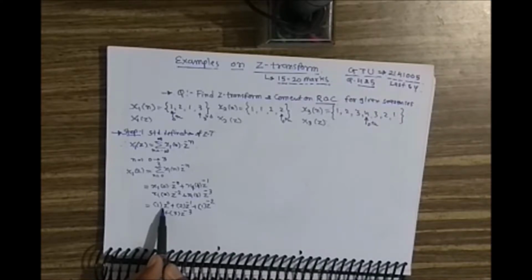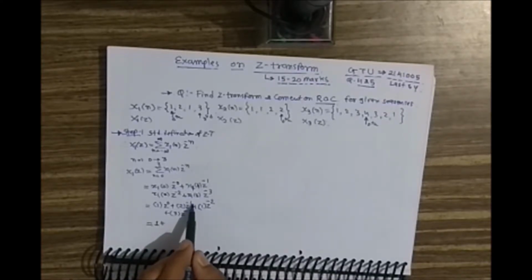You simply multiply and sum. The final answer becomes z raised to 0 is 1, and the 1 is multiplied with 1, so it becomes 1. Plus 2 into z raised to minus 1. You can write z raised to minus 1 as the denominator part of z, so it is 2 by z.